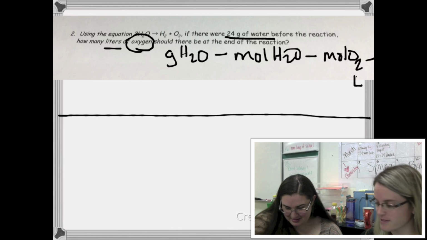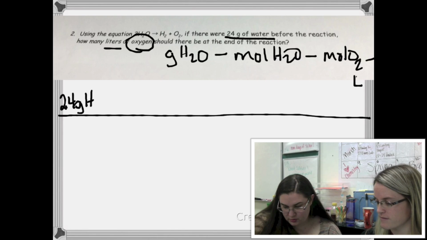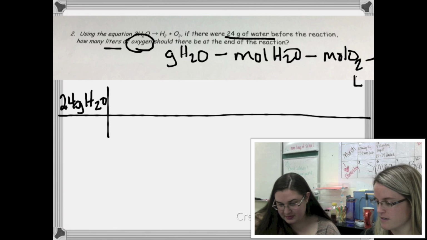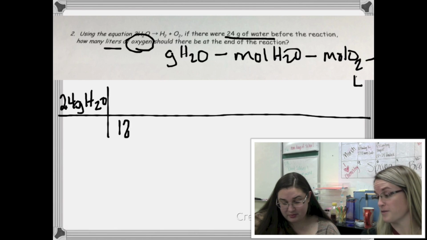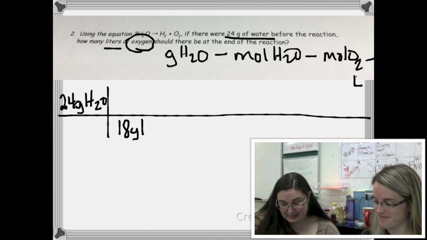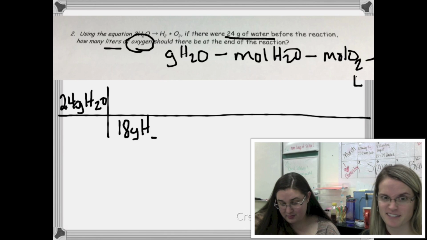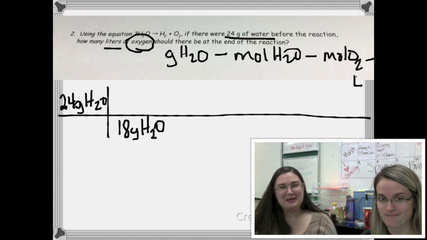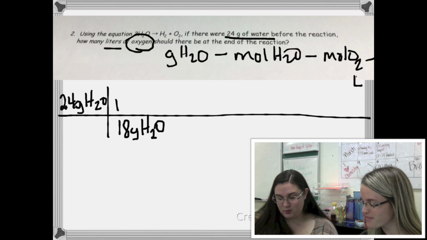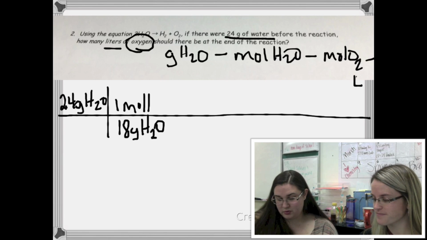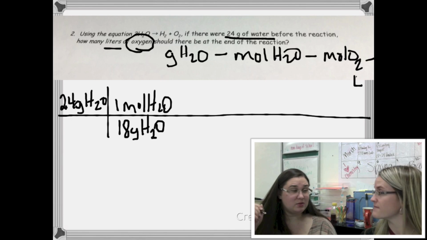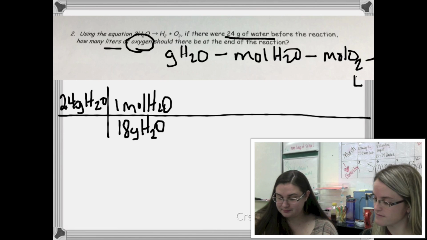We've got 24 grams of H2O. And I know that if I look up my molar mass of water, it is 18. And that is equal to 1 mole of H2O, because my molar mass is always equal to 1 mole.